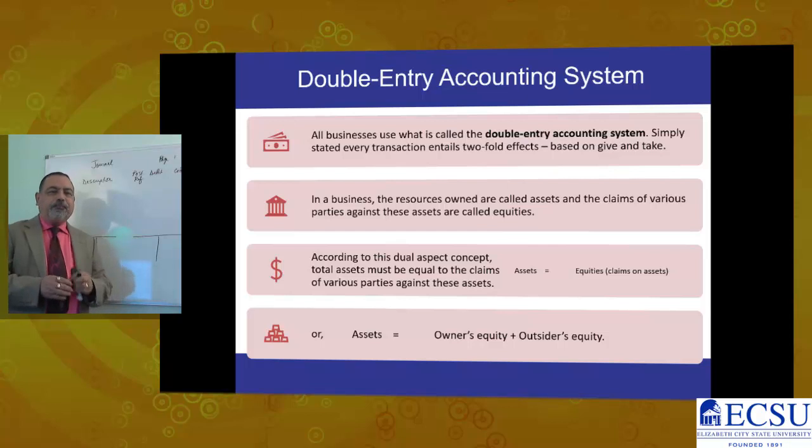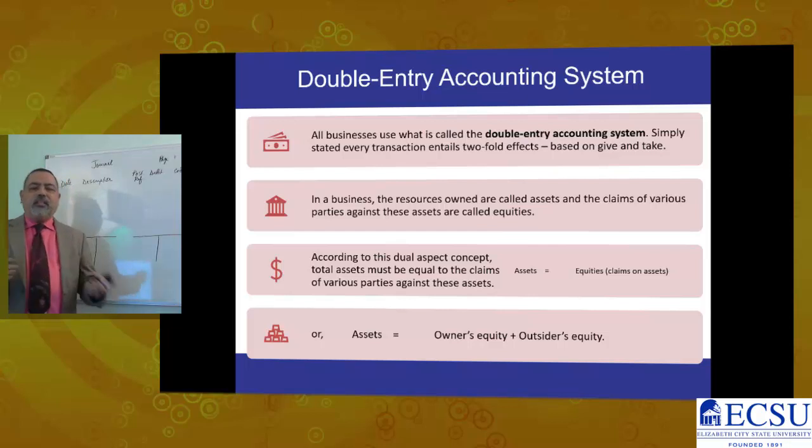So that is what you have to understand about that concept. Now, according to this duality concept of the double entry system of accounting, total assets must always be equal to the claims to those assets. So therefore, our accounting equation is based on that philosophy.